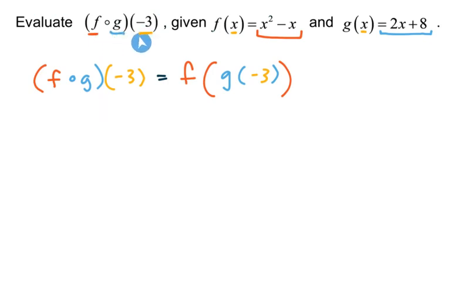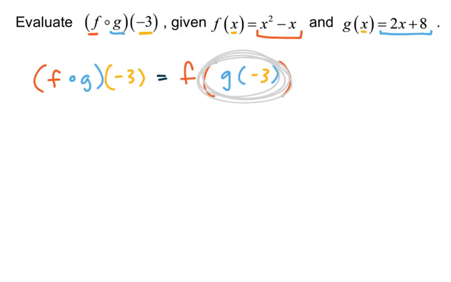This is what that notation means. Math is like a foreign language. You have to know what the notation means so that you can read it and you know how to apply your skills.